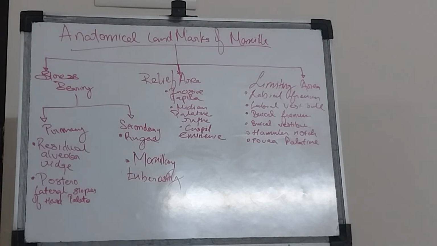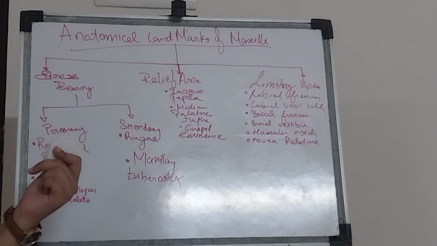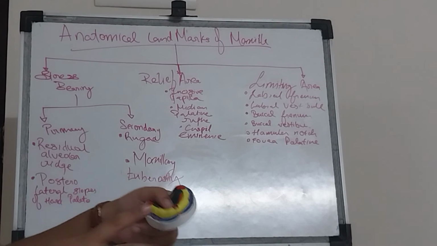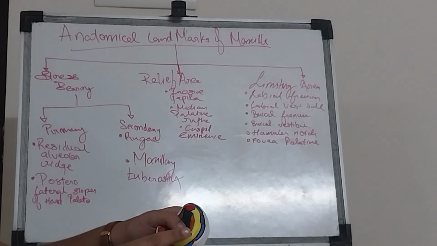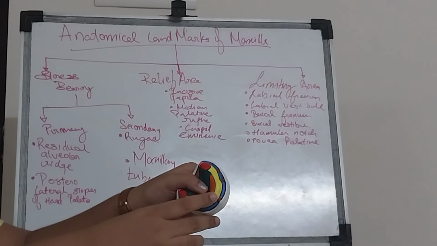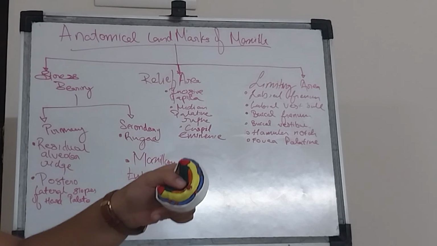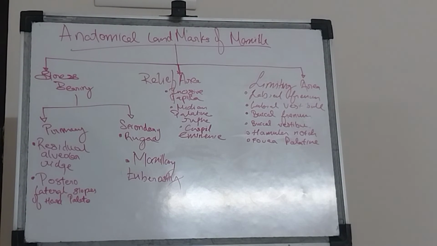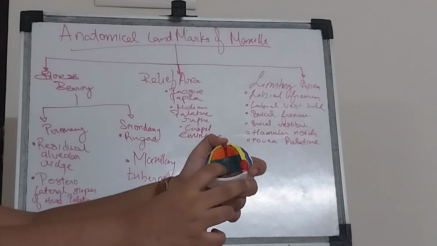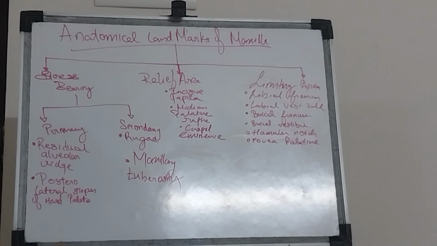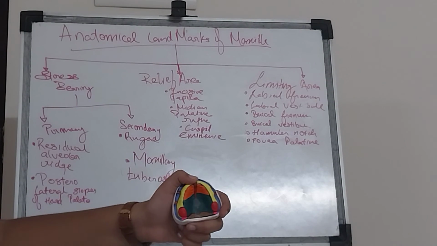Because there is no muscle attachment on it. At the incisive papilla, the nasopalatine nerve and vessels pass through. And the fovea palatine, those two dots I mentioned, are the openings of mucous and salivary glands.